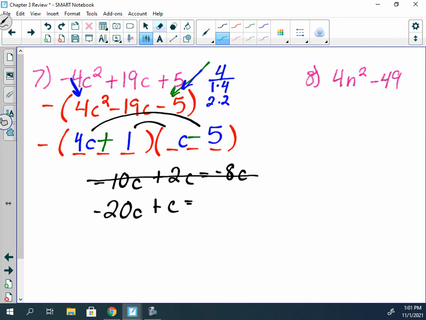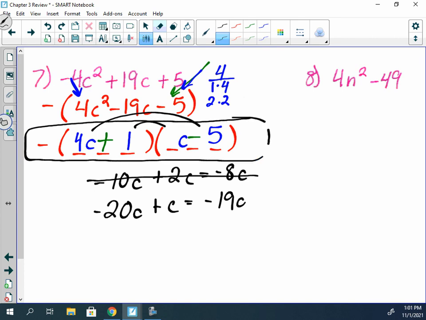And negative 20c plus c is negative 19c. Is that what we wanted? And that's it. Any other questions on number 7 or number 8?